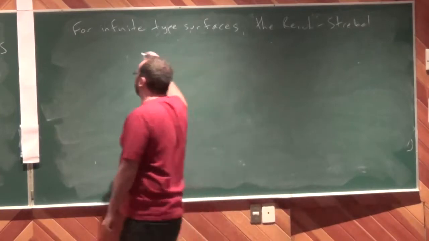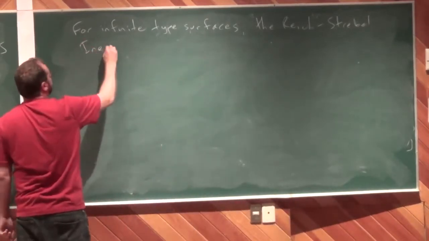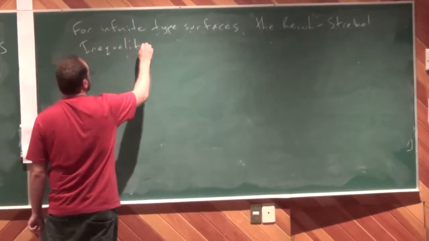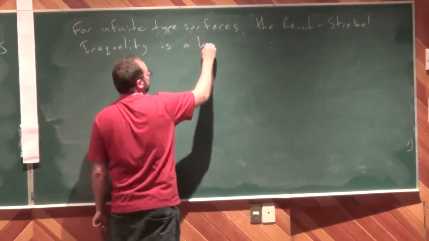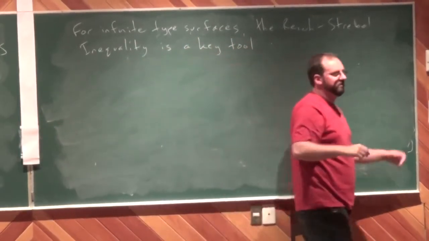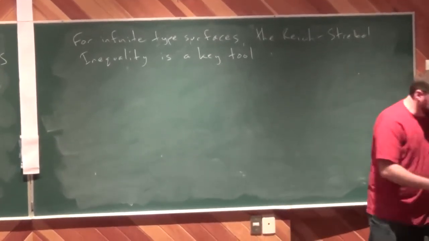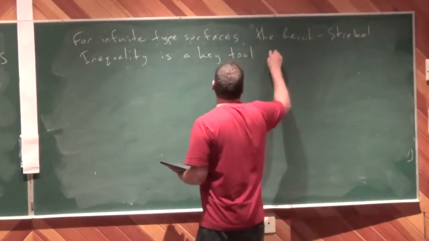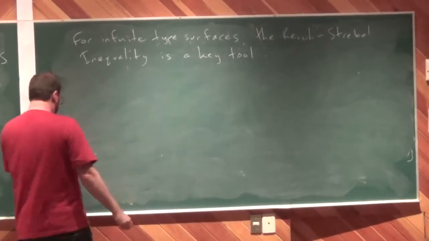Well, the Reich-Strebel inequality is a key tool. So let me just say it's a key tool, and if you're interested, you can look up afterwards what it says and how it can be applied.